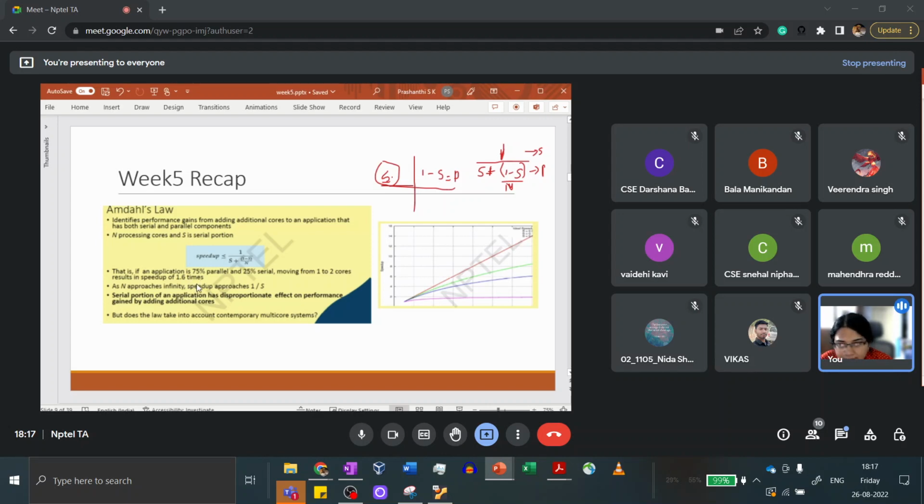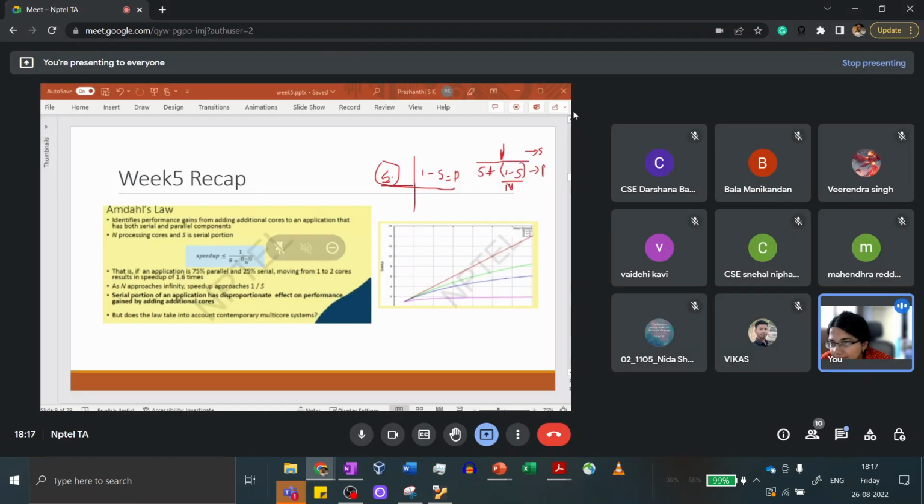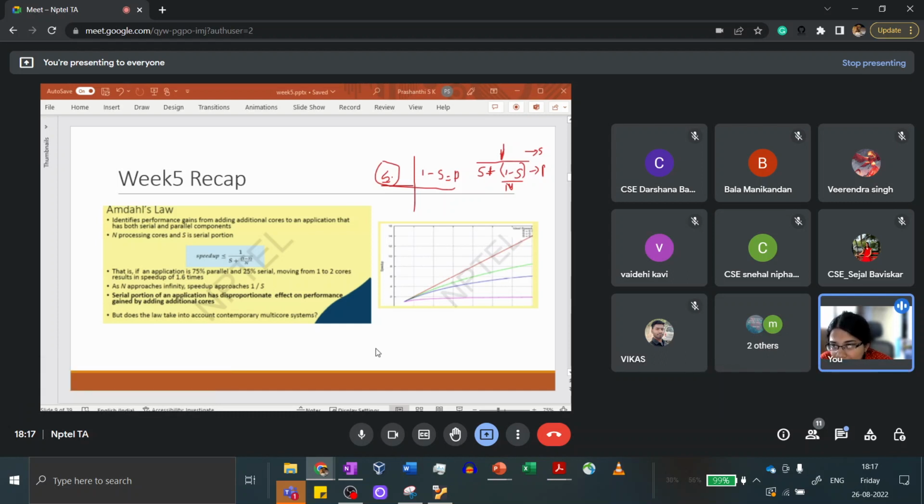So what this means is, in an ideal scenario, you think that I have added 2 cores, or I have doubled my cores, and I should get a speed up of 2 times. But what do you actually get? 1.6 times. And why is this 1.6? Because the 25% of your application that is serial did not benefit from this parallelization, right?